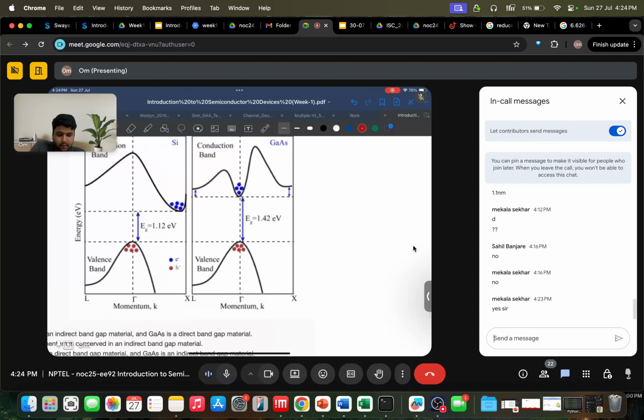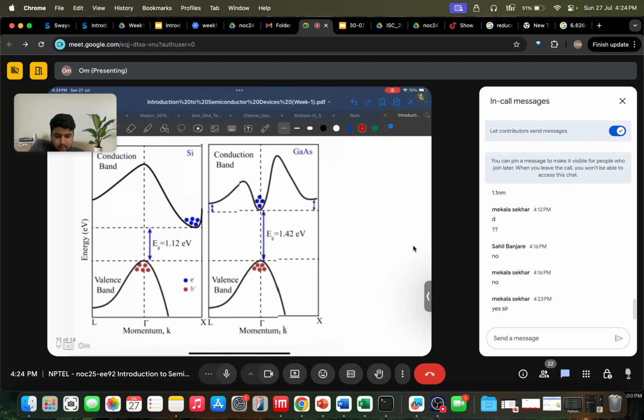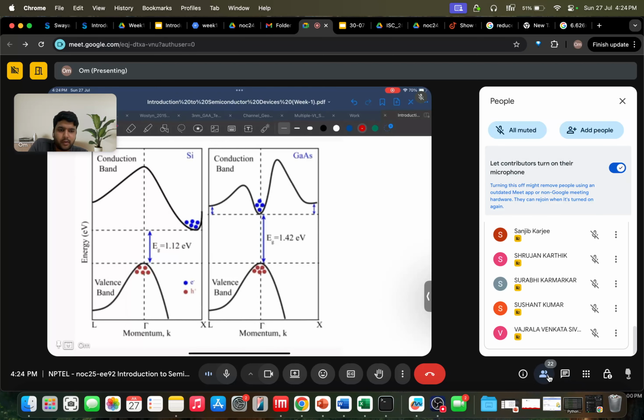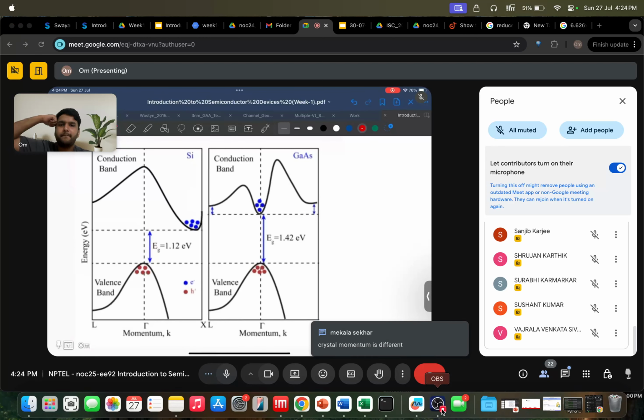Okay, so before that, can anyone tell me what is wrong with this picture? Before going to the question itself, let's talk about this a minute. What is wrong with this picture here? Crystal momentum is different.